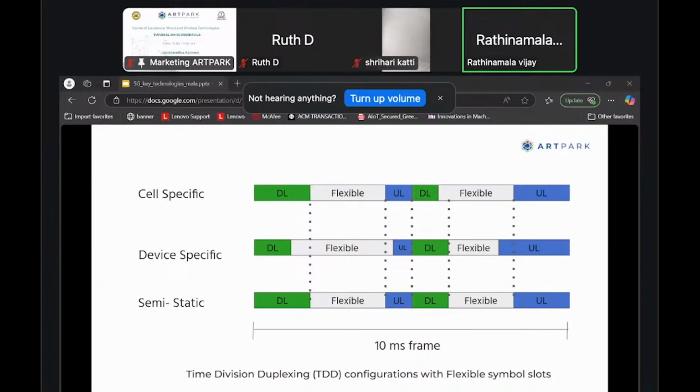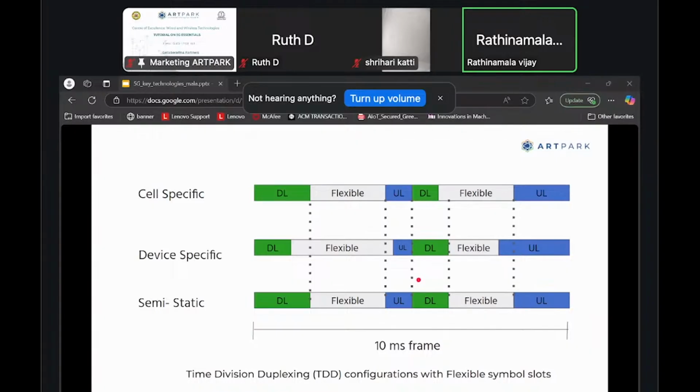In this figure, you can see that the first one shows the cell specific pattern, and the second one shows the device specific pattern. Then after negotiation, they arrive at a semi-static pattern which suits both the cell as well as the device, because the cell has to serve multiple users.